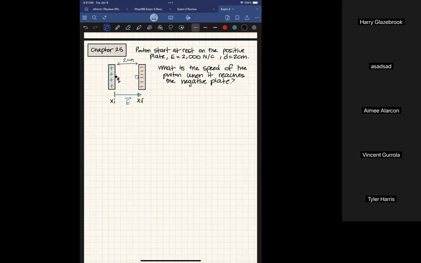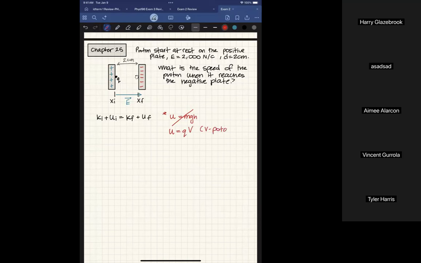So I know the electric force is conservative, so I can use conservation of energy, which states that my initial kinetic energy plus my initial potential energy equals final kinetic energy plus final potential energy. In this case, instead of working with our usual gravity, which is mgh, we're working with electric potential, which we know is Q times V. V is potential.